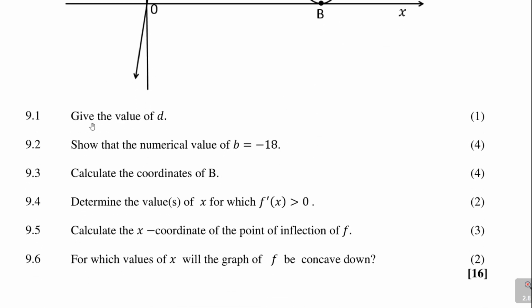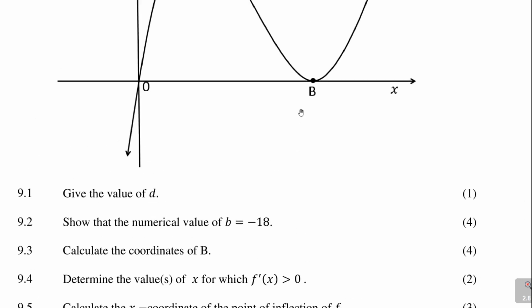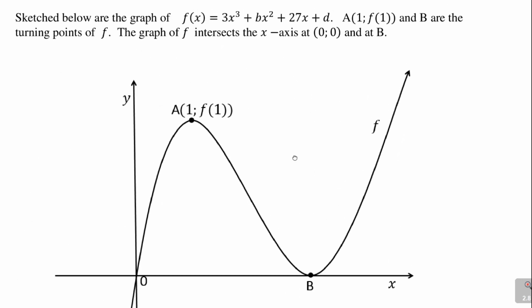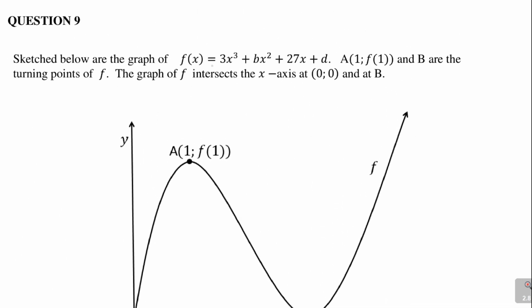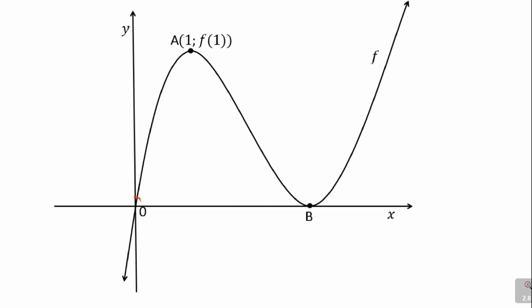Now, give the value of D, 1 mark. Guys, when you study this, f of x is the cubic, and you must understand D is the y-intercept. In other words, where is the graph cutting the y-axis? The graph is cutting the y-axis, look, there is the point.